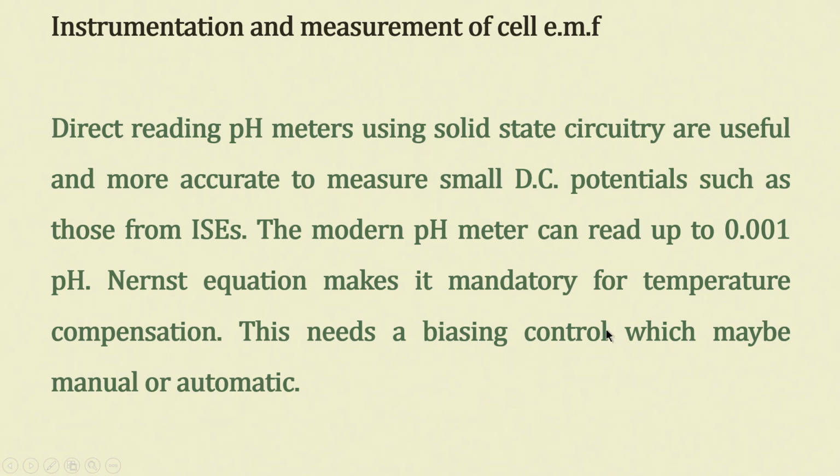That will be part of electronics, if you are studying electronics, you will be knowing about such things, but such things should be available in the market shelf. So, all you got to do is buy that chip and then fix it into the meter, pH meter. So, the biasing control will be there.